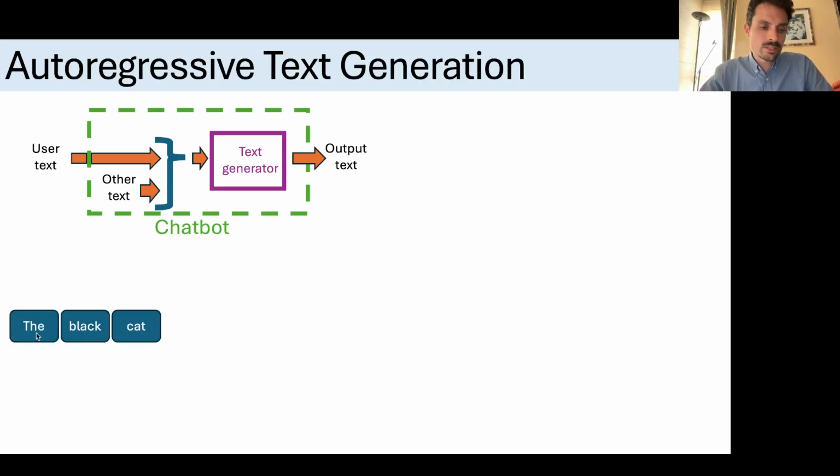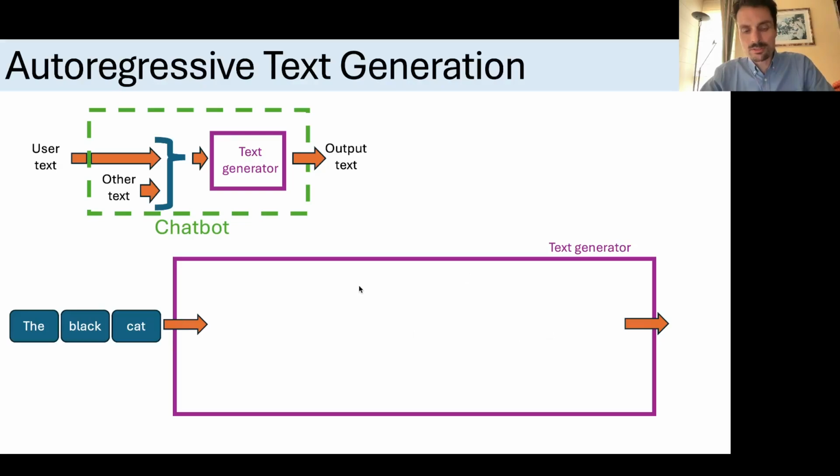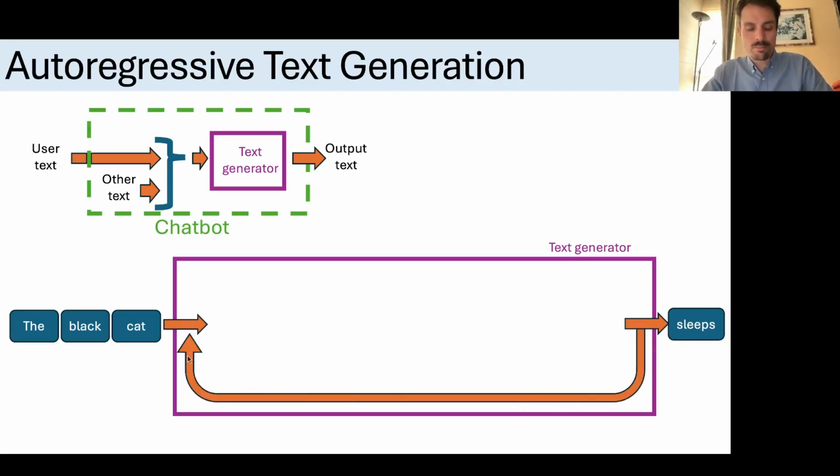A text generator essentially takes as an input a sequence of words, performs some operations, and these operations result in the generation of the next word. This word is then appended to the input, and the same operations are repeated. That will result in the next word, which is appended to the input again, and so on and so forth.